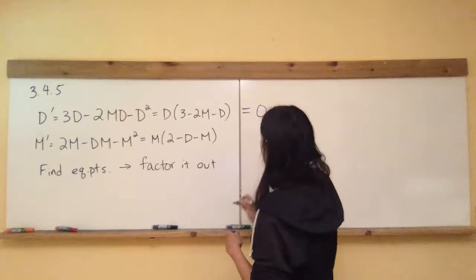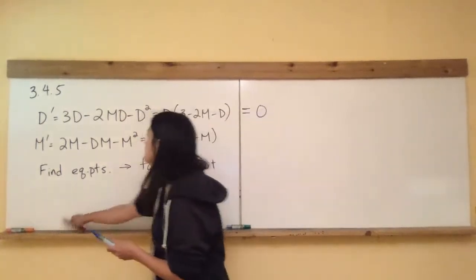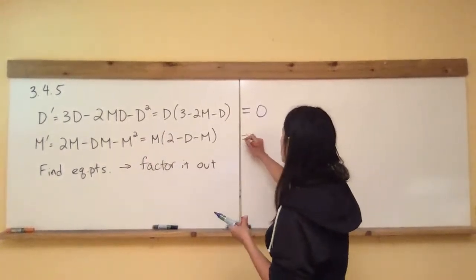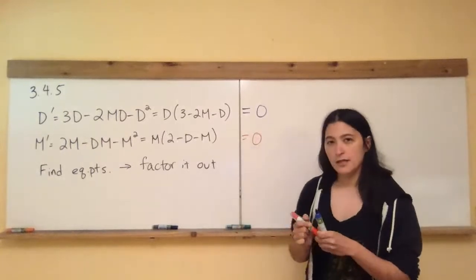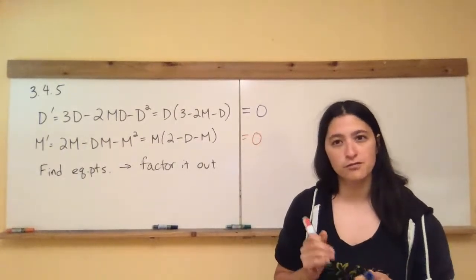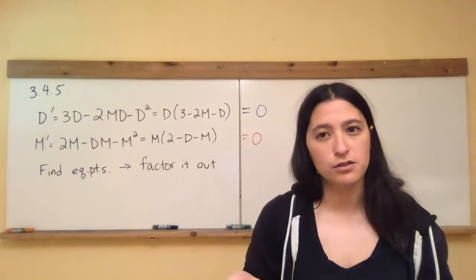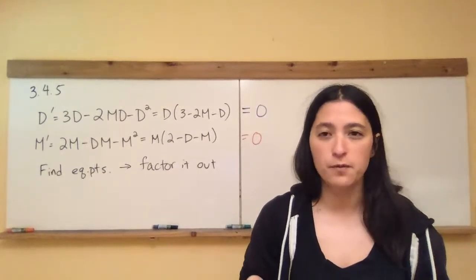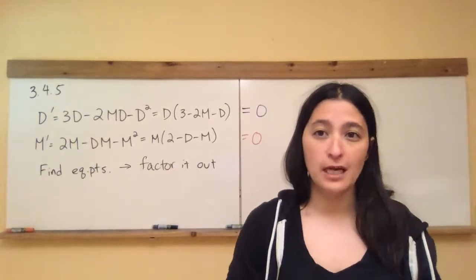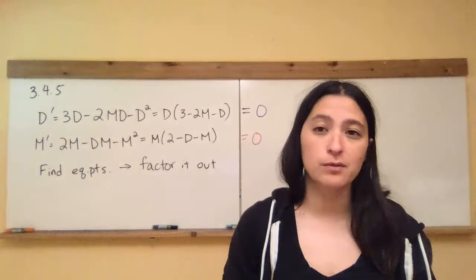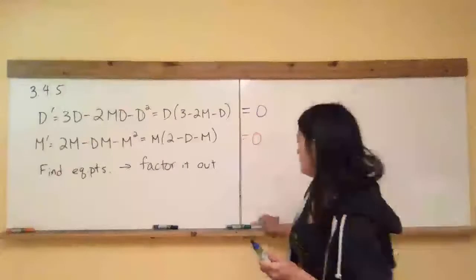I'm going to set that one equal to 0 in blue, and this one equal to 0 in red. And I'm going to write out the two choices for each, and then we're going to pick one of the blue choices and one of the red choices, and see how many equilibrium points we get.